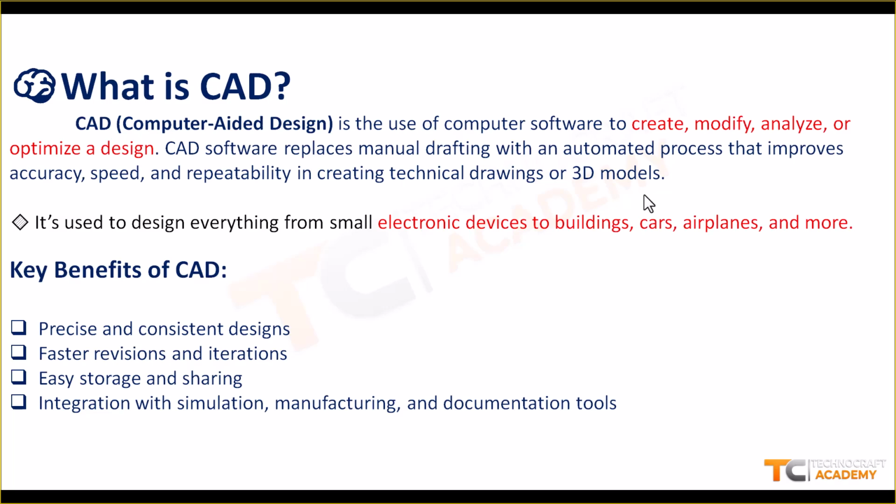Well, we'll see about CAD now. So what exactly is CAD? In short, CAD is computer aided design. By using software, for example SolidWorks, CATIA, as well as Siemens NX, we create, modify, analyze and also optimize the design.